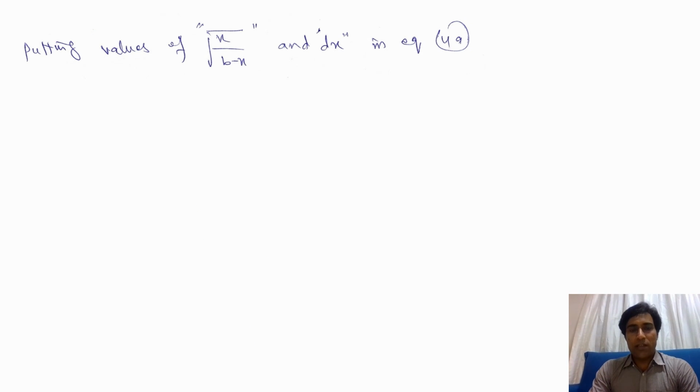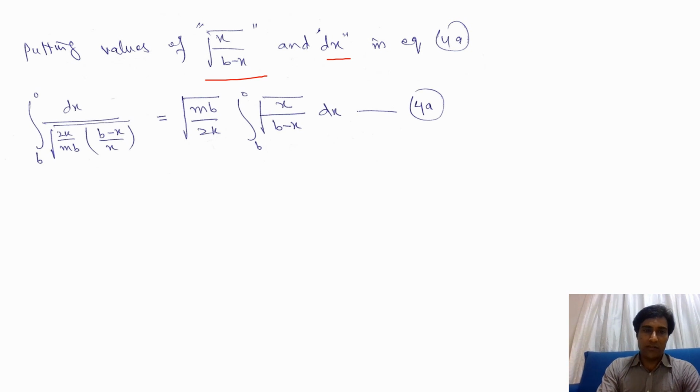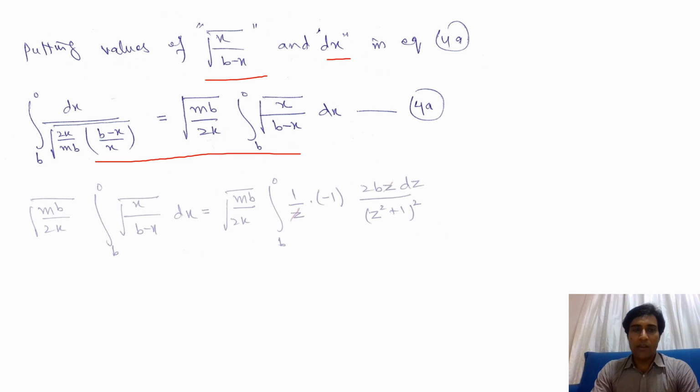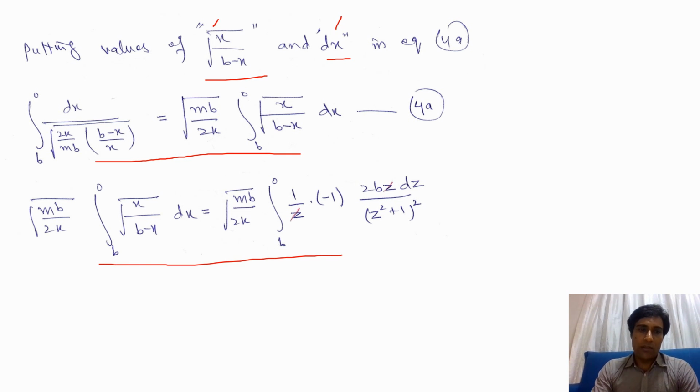So putting the value of square root of x over b minus x and dx in equation 4a, when we put the values of these two terms, finally we will get this equation: square root of mb over 2k integral b to 0 square root of x over b minus x dx equal to square root of mb over 2k integral from b to 0 of 1 over z into minus 2bz dz over z square plus 1.